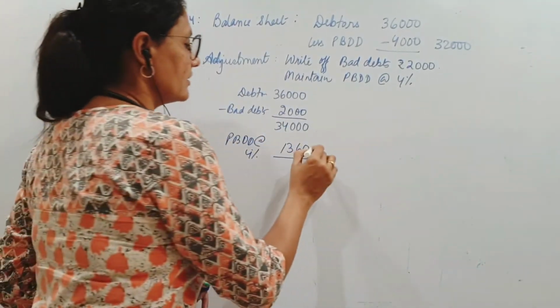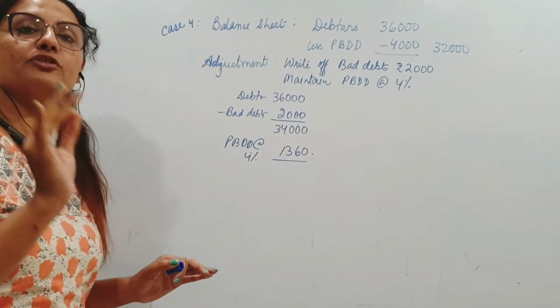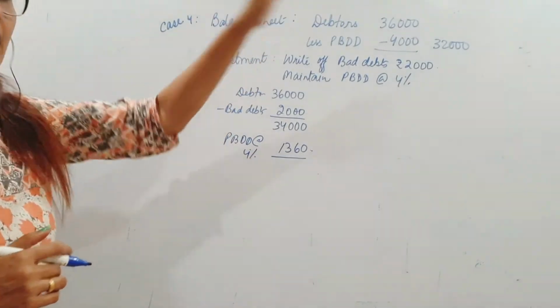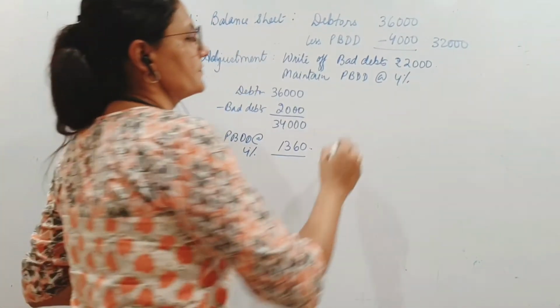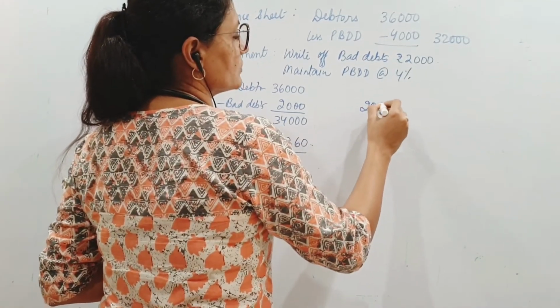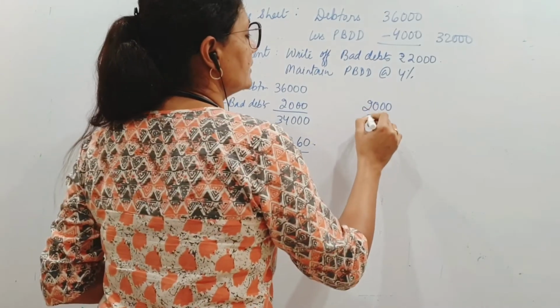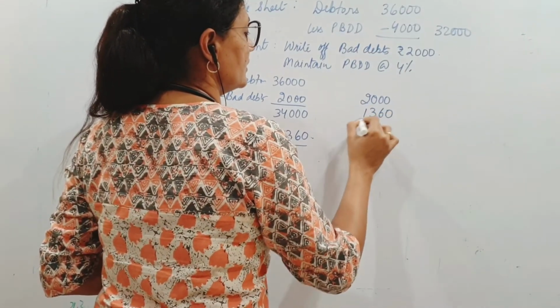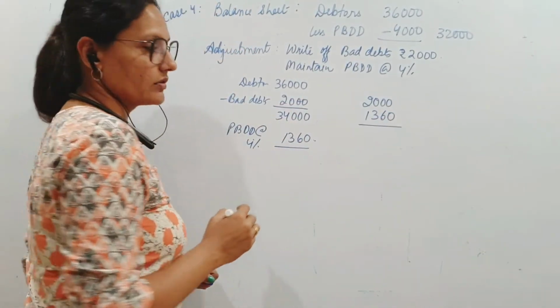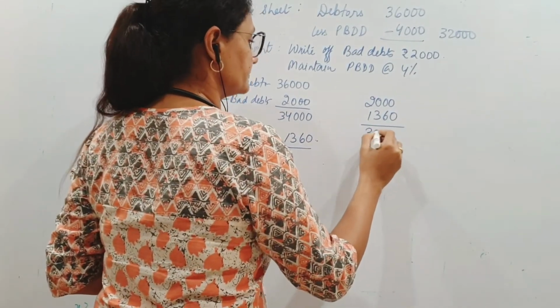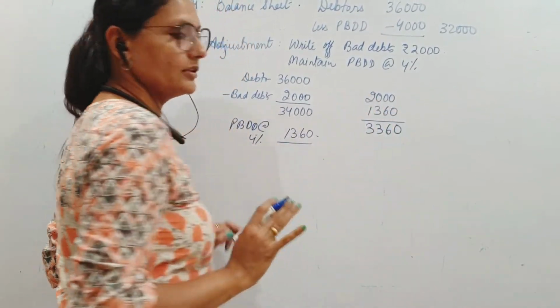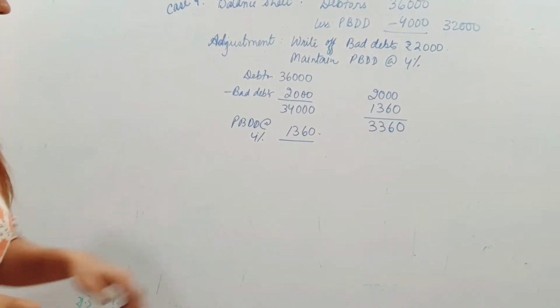So this is the amount, this is the value of provision required. You already have 4,000 provision, isn't it? So now out of that 4,000, 2,000 will be required to write off the bad debt, and you will need only 1360 more, meaning 3360, that's what you require, right?